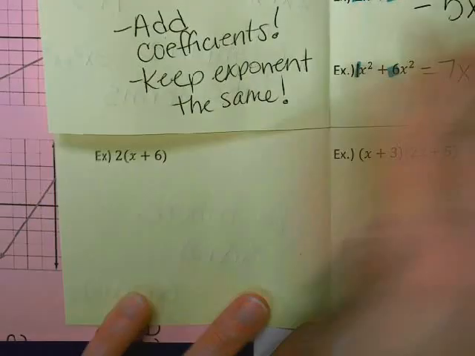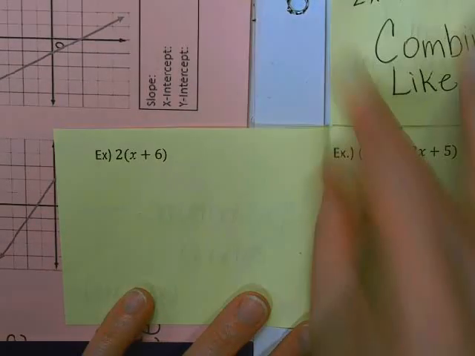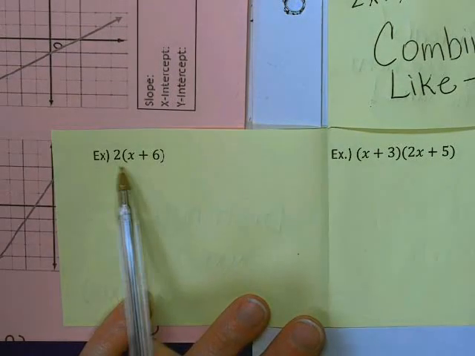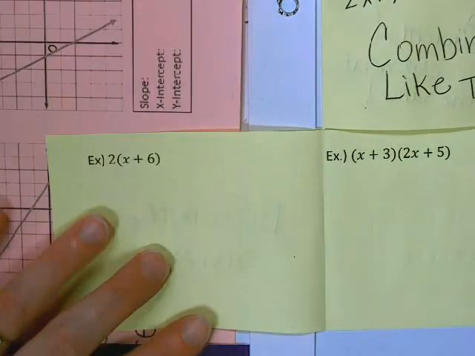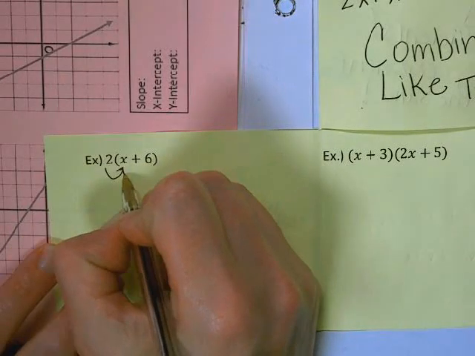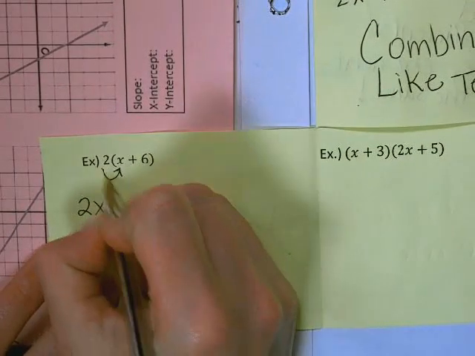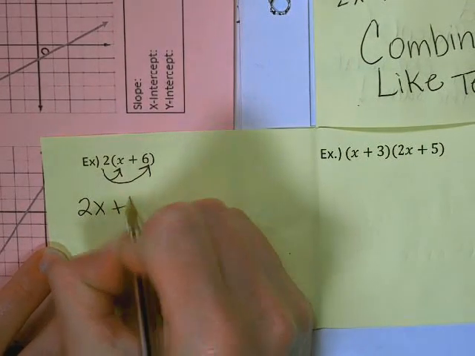Now we have distribute. We have 2 different examples of distribute here. We have this first one, which is where we just multiply the 2 on the outside times both numbers on the inside. So you do 2 times x, which is 2x, and you do 2 times 6, which is plus 12.